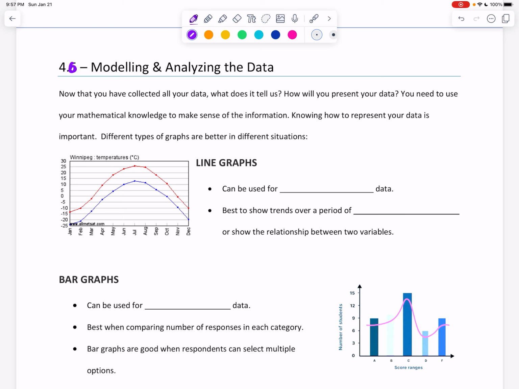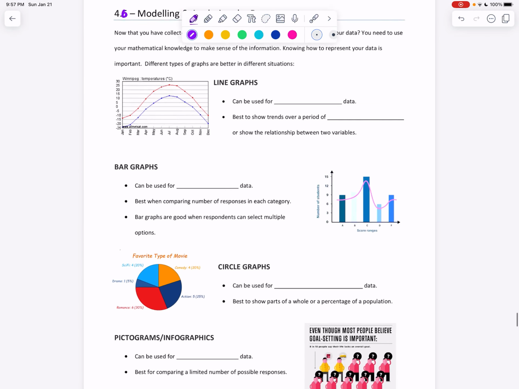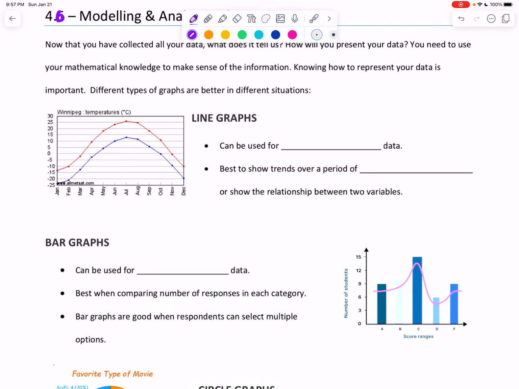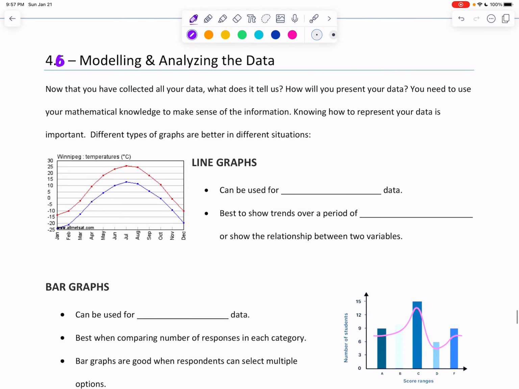That's the dream. So in order to do so, we represent that data in a graph. Now, there's different types of graphs, and there's 4 of them that we're going to be talking about. Each of the different graph types is used for slightly different things. Of course, there are more graph types than just these, but these are very common ones.